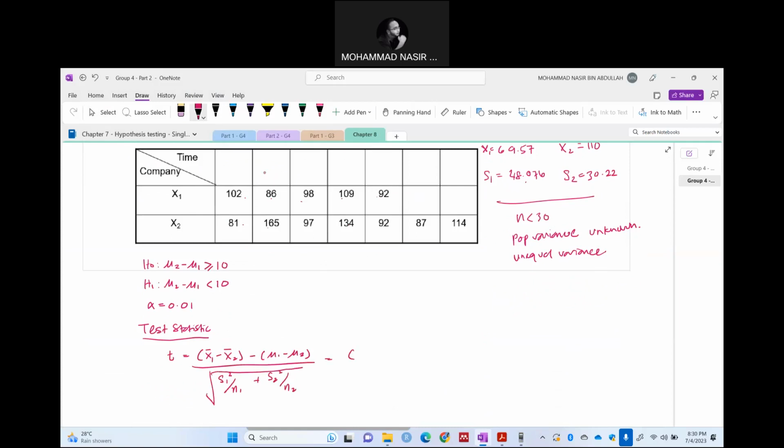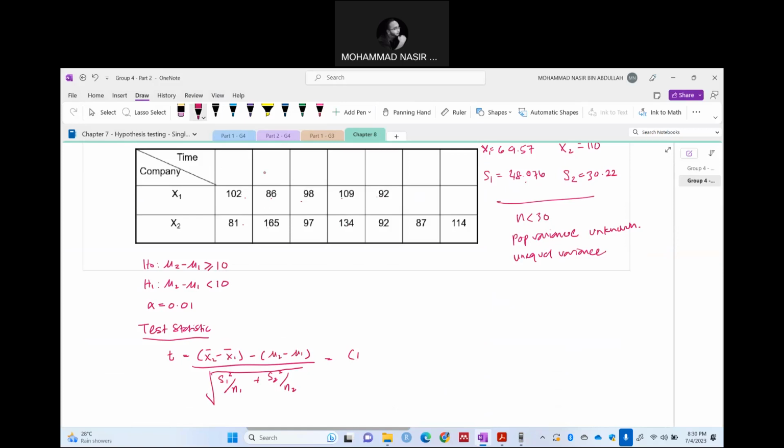So this one should be... Oh, it's the other way round because it measures mu2 minus mu1, right? So it should be X bar 2 minus X bar 1, minus mu2 minus mu1.